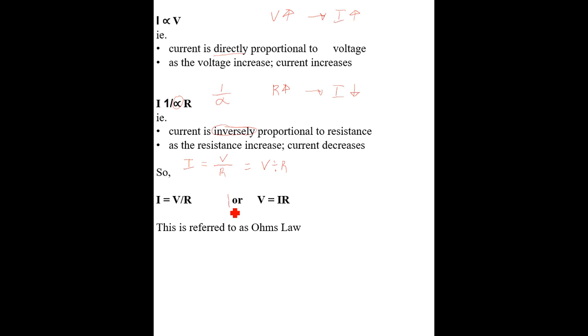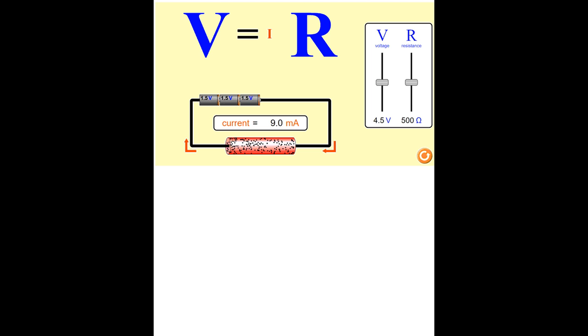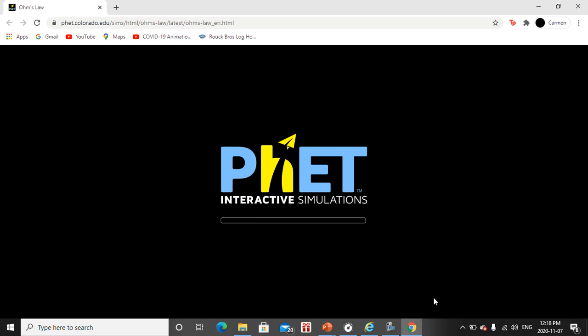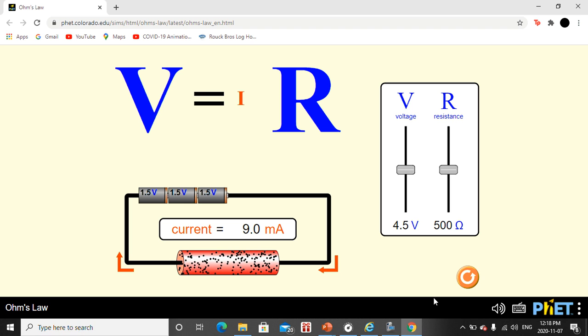The form that it actually gives you and what is referred to as Ohm's law is this one here. This is in your data booklet. So voltage is now directly related to the current and the resistance, and that is Ohm's law. So I'll show you a simple little animation here, which just kind of takes us through this relationship, taking a look at current, resistance, and voltage.